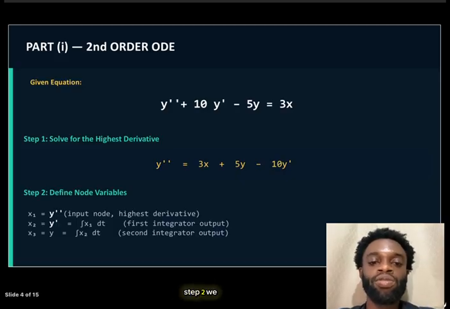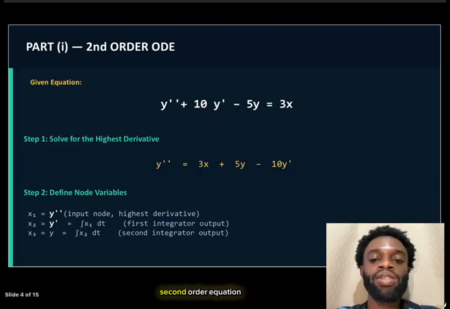Moving on to step 2, we then define our node variables. For this second order equation, we have 3 nodes, which are x1, which is equated to y'', this is our input node, the highest derivative. And then we have x2 equal to y', which is the integral of x1 with respect to time.